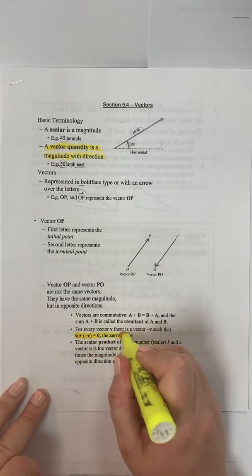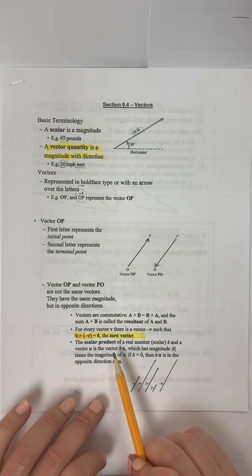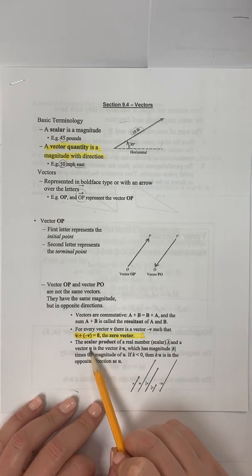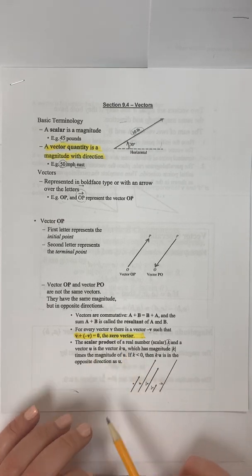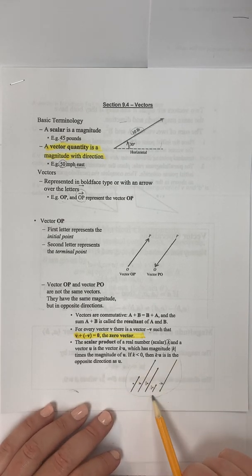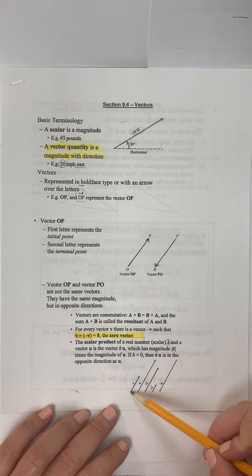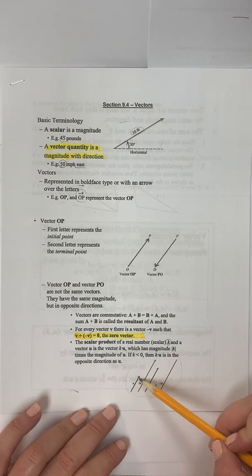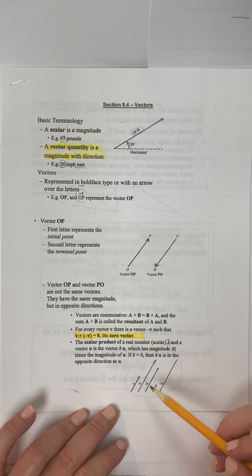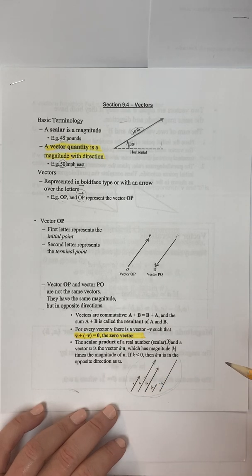This is also a My Math Lab question. Okay. And then the scalar product of a real number, or a scalar, and a vector is just the two of them multiplied together. Now we get into a lot of very detailed vector situations happening here, but all you're going to need to know is that if this little arrow is u, then 2u is just twice as long. 3 halves u is 3 halves times u.